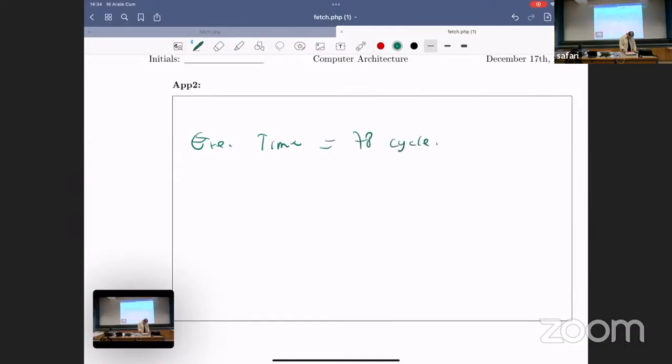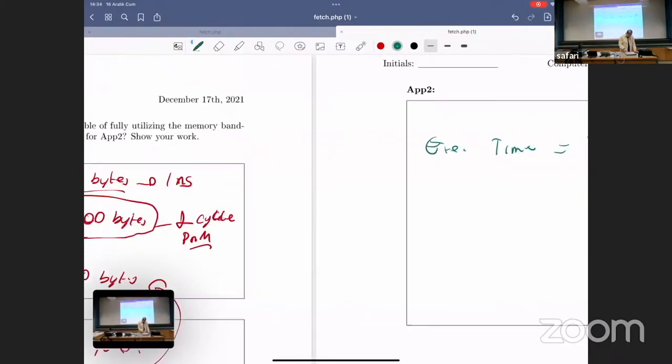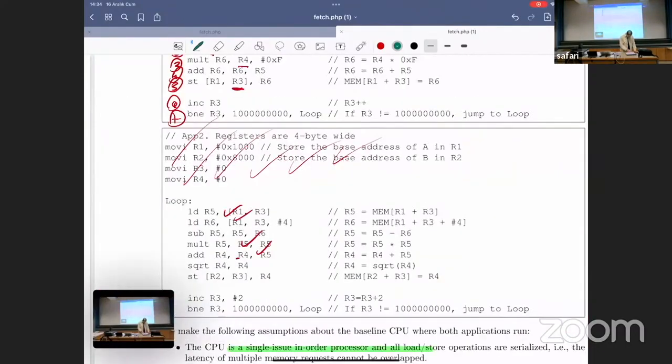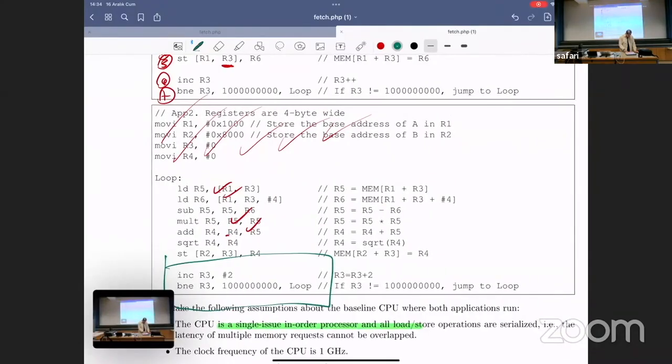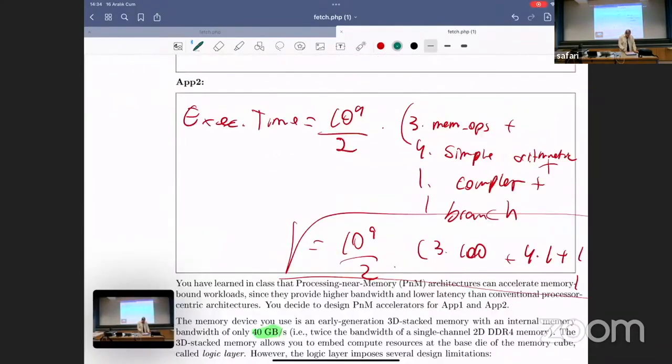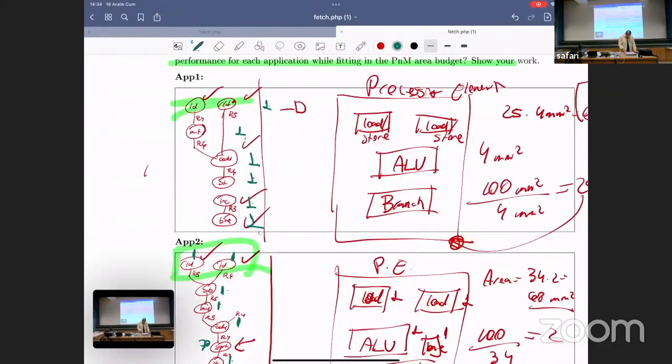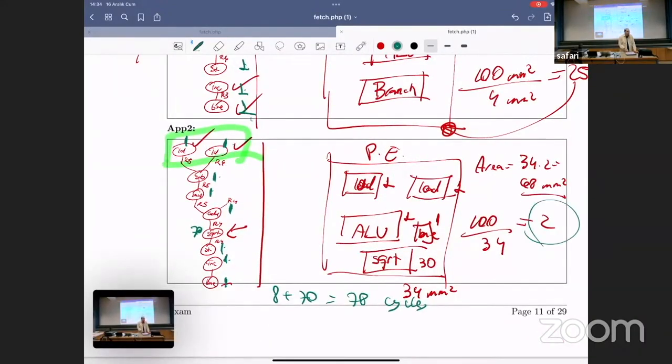Cycles times the latency times 10 to the 9, divided by 2, divided by 2 again, right? Because the iterations here was 500 million iterations, and we unrolled the loop 2 times, right? Here, we unrolled the loop 2 times, so you parallelize the loop twice.